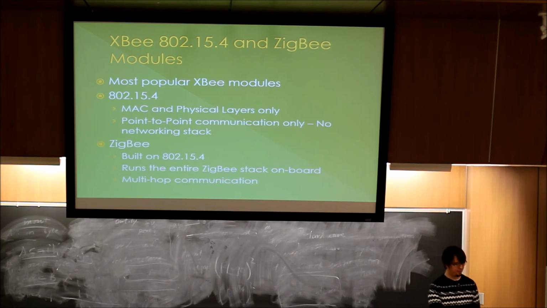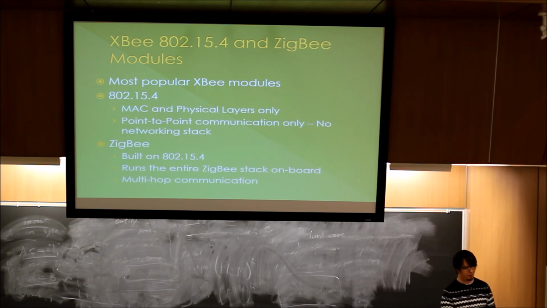So the 802.15.4 and the ZigBee modules are really where the XBee modules became popular. The 802.15.4 is a MAC and physical layer only, so like I said, only point-to-point communication. And ZigBee is a protocol that runs on top of 802.15.4, which is why when you see it referenced half the time, it's ZigBee / 802.15.4.